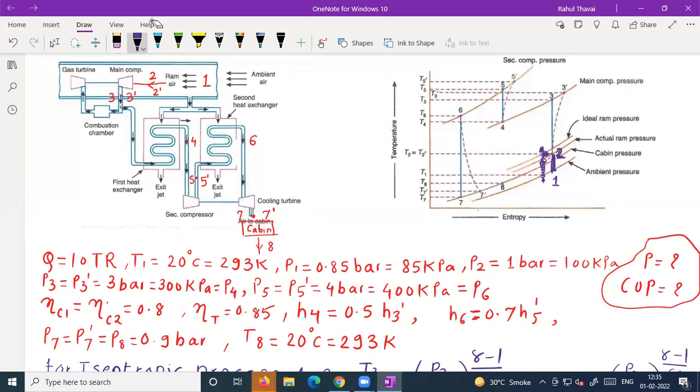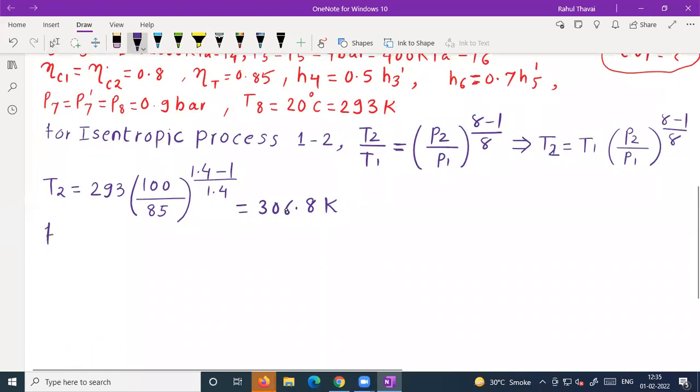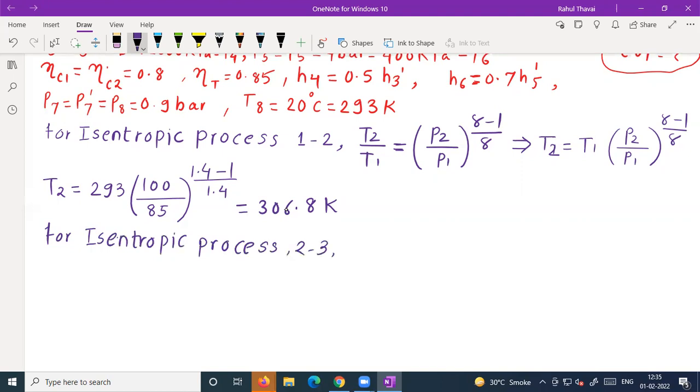Now let us move to the next process. 2 to 3 is an isentropic process, as you can see. So one more time, for the isentropic process 2 to 3, I will apply the same relationship: T3 by T2 is given by P3 by P2 raised to power gamma minus 1 by gamma, right?